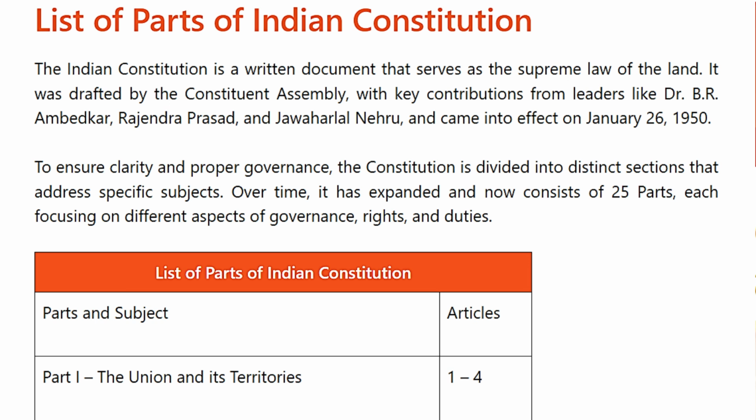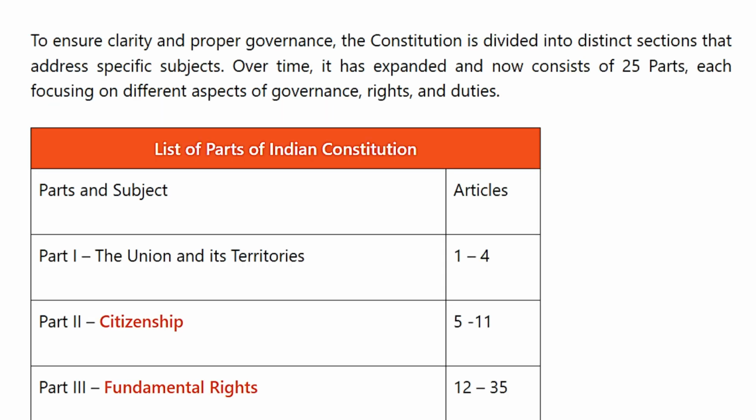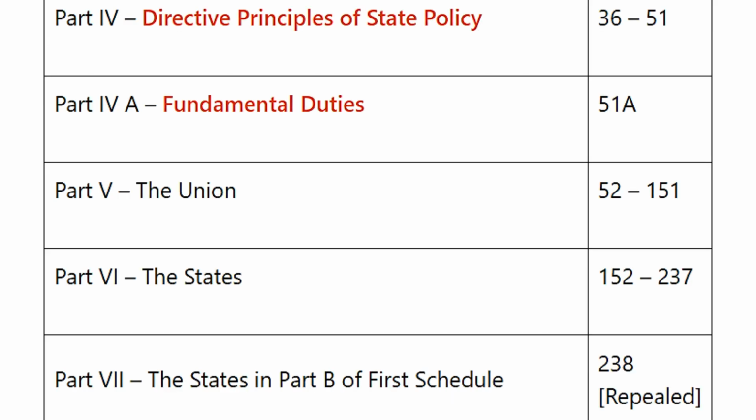Parts and subject, articles. Part I, the Union and its territories: 1-4. Part 2, Citizenship: 5-11. Part 3, Fundamental Rights: 12-35. Part 4, Directive Principles of State Policy: 36-51.